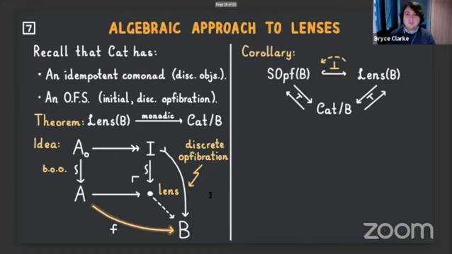Now, why is this result useful? What's the payoff? Well, we get this really nice corollary, which says that because we have these two adjunctions, of lenses and split opfibrations over B on this slice category, using our adjoint triangle theorem, we can show that there is a left adjoint to the inclusion of split opfibrations into lenses.